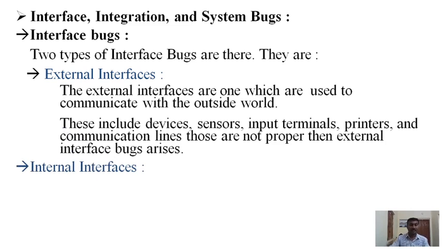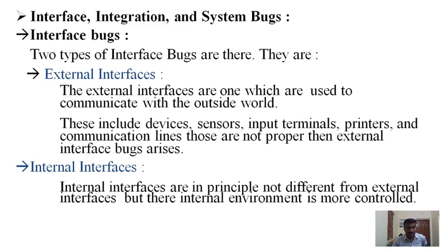Then the second one, internal interface bugs. Internal interfaces are in principle not different from external interfaces, but their environment is more controlled. External interface means that if your project wants to communicate with external things, you require external interfaces. Internal interfaces are similar, but with a slight difference: they communicate with other components.